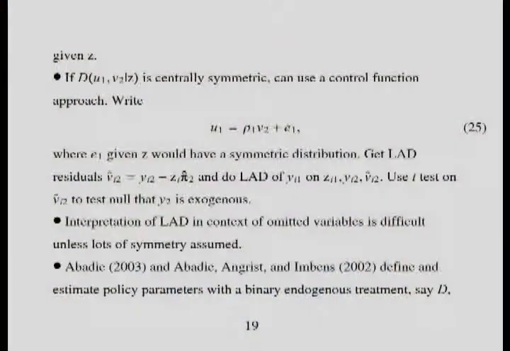So in the end, it's not especially clean in the context of estimating models by usual instrumental variables with omitted variables. We don't have to assume things like the omitted variable has a symmetric distribution in order to make sense of what we've estimated in the end.